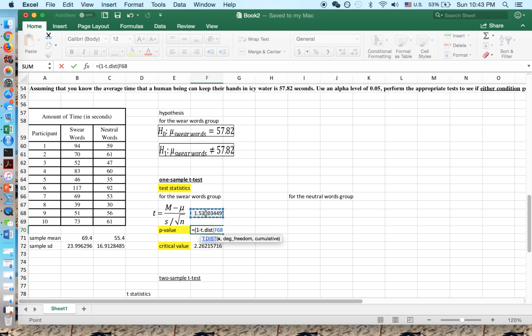My t statistic is this. My degree of freedom is 9. Do I want a cumulative distribution? Yes, I do. And then this value has to be multiplied by 2, and this should be my p-value for this t statistic in the two-tailed test, right?